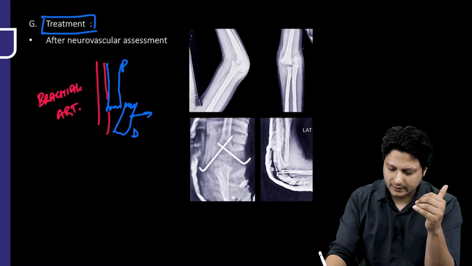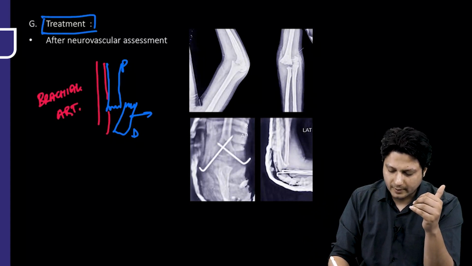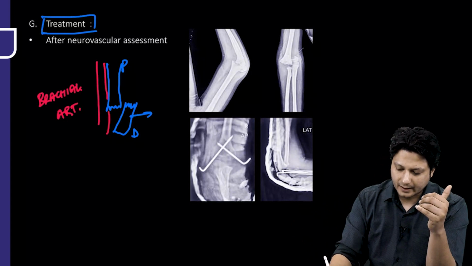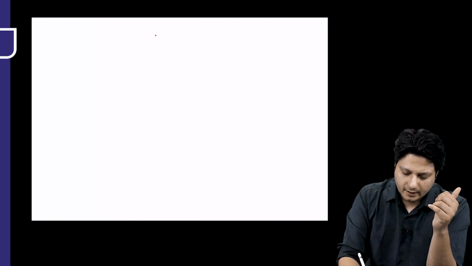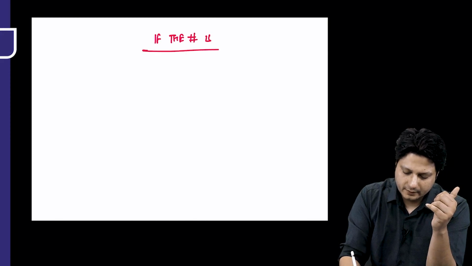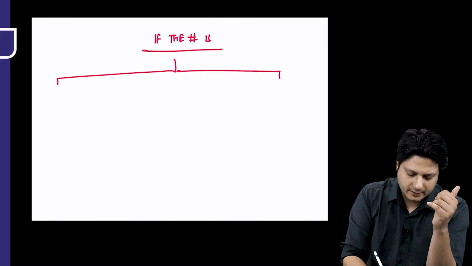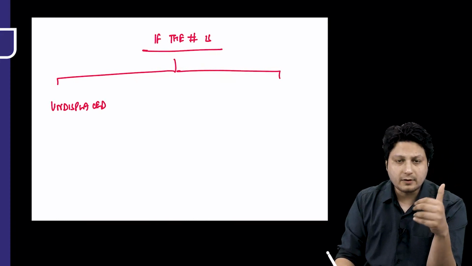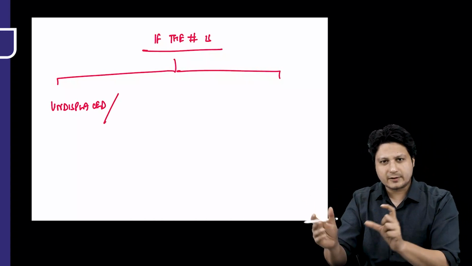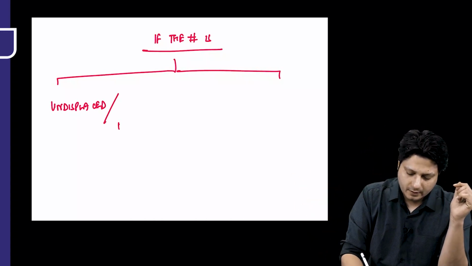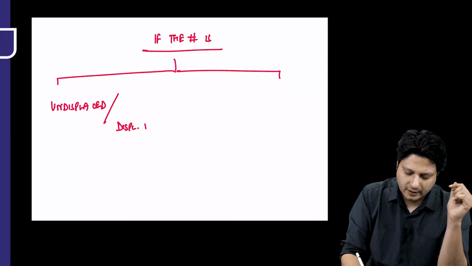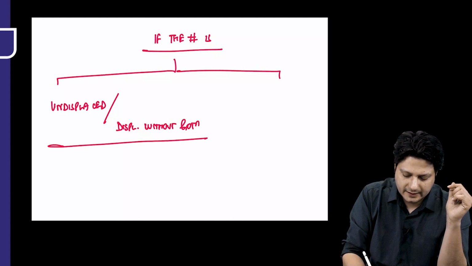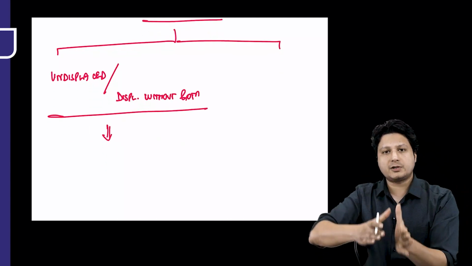Now, as far as the management is concerned, it is not an issue, because you can now very easily understand that if the fracture is undisplaced, just imagine if the fracture is not displaced at all, or if the fracture is slightly displaced but there is no rotation, then these are the kind of fractures which can be managed conservatively.